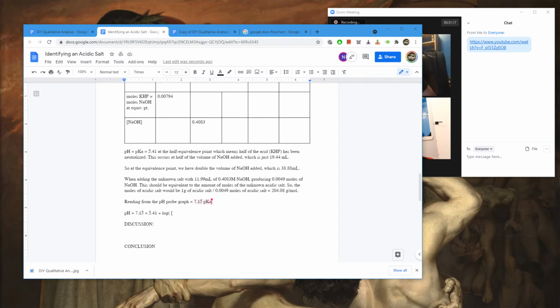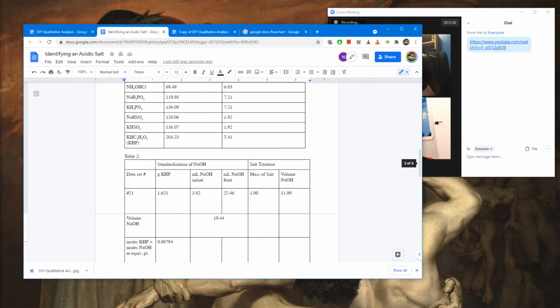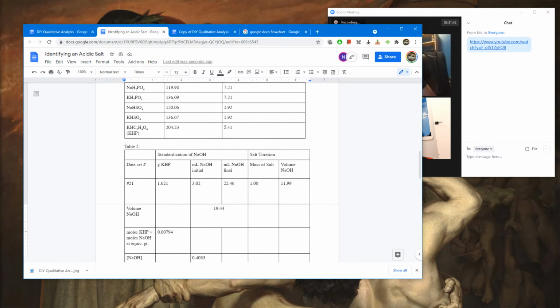Sorry, I just wasn't getting it over here, because the teacher went straight off the graph. Her reading was 9.35, and that's what she used to find the pK of the acidic ion on the table, which the closest is NH4Cl. But we get 7.15, and we get 204.08.